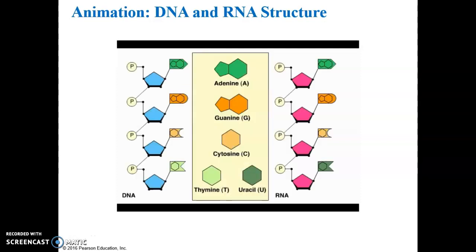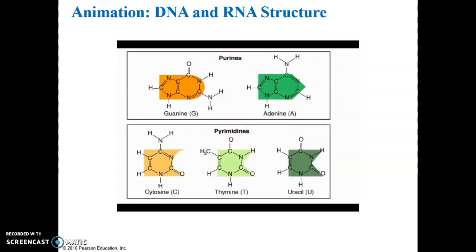DNA and RNA are each composed of 4 different nucleotides, which differ in their nitrogenous bases. 3 of the 4 bases are the same in DNA and RNA: adenine, guanine, and cytosine. The 4th base in DNA is thymine. In RNA, it is uracil. The nitrogenous bases guanine and adenine each have 2 linked rings of atoms. They are called purines.